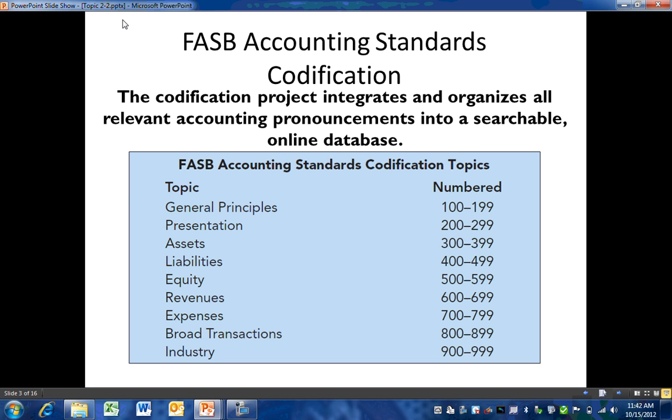They were amended, changed, added to, subtracted from, and put them all in one place and attempted to organize them. In class, we're going to be working through some exercises that will require you to access the FASB codification. You'll see the structure. These are the basic topic areas of the codification.